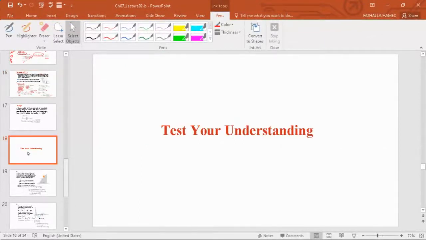If we quickly look at what we did in the previous slides, we said that the work done by the spring should equal 1/2 k x1 squared minus 1/2 k x2 squared. I told you in some textbooks they may say initial and final.